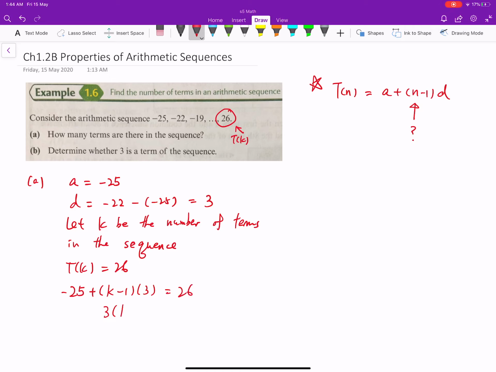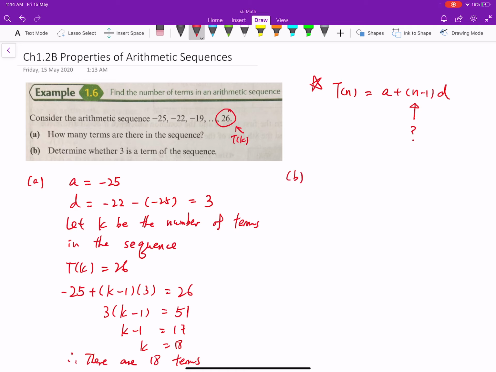And then we get 3(k minus 1) equals 51. So k minus 1 is 17. So k is 18. And then, okay, lastly, we give the statement. So there are 18 terms in the sequence. Okay.